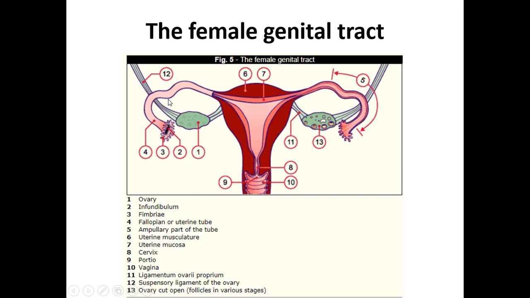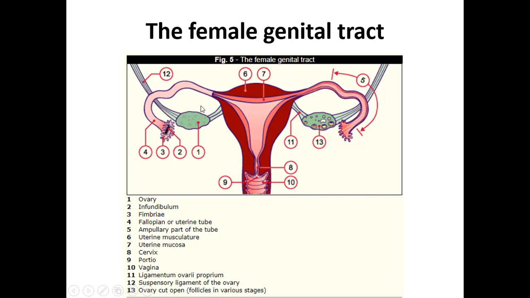I'll remind you that the cell which is ejected is a secondary oocyte. It's not the ovum itself, as we used to think. It's a secondary oocyte which hasn't completed its second meiotic division.